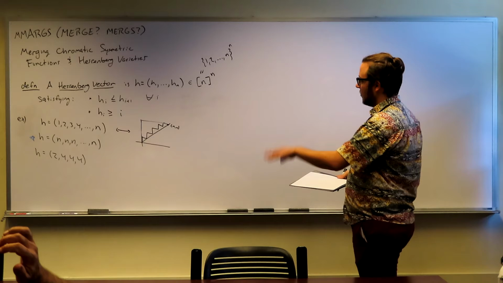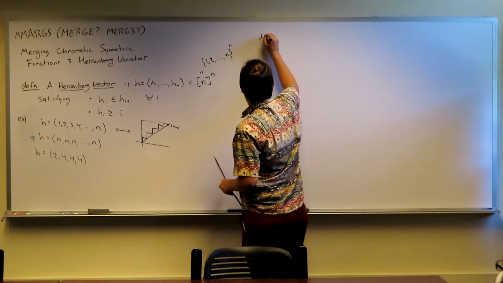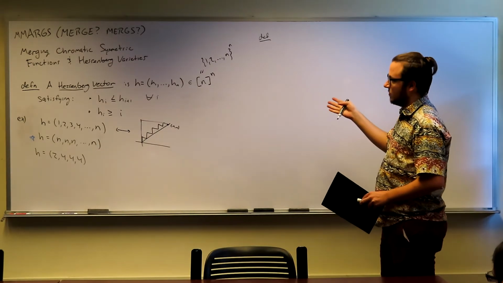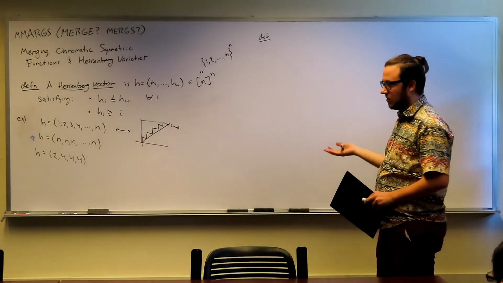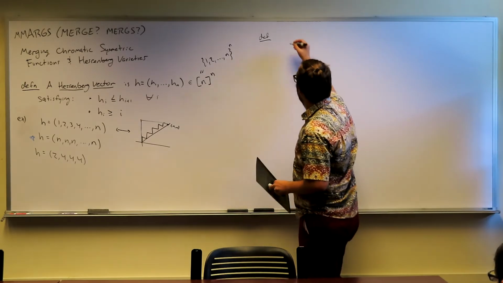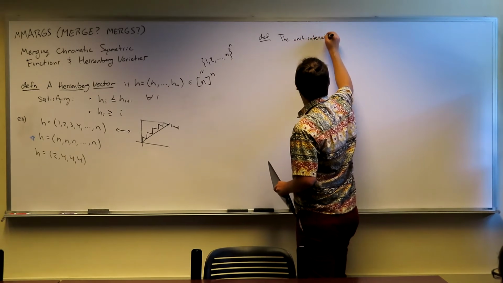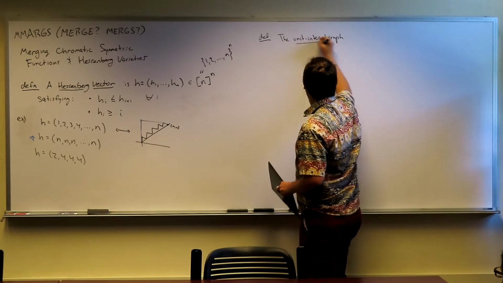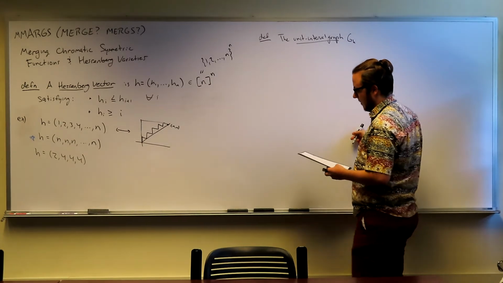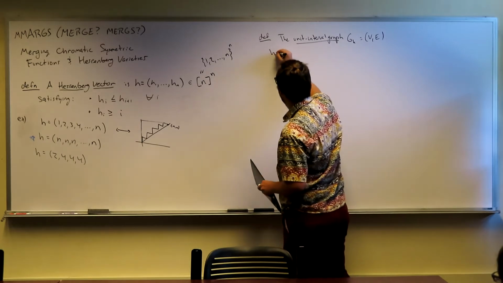Okay, we're going to start with the chromatic symmetric function side of things. We're going to do that by building up a graph. The word chromatic comes from the chromatic number of a graph. And so we're going to start building up a graph from a vector. The unit interval graph G_h associated with a Hessenberg vector h is a graph, so there are vertices and edges.